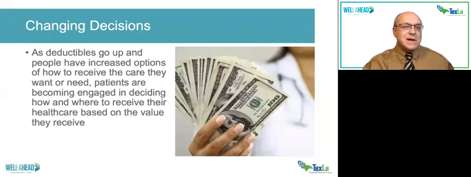So as these deductibles have been going up, people are really having increased options of how they decide to receive their care. And they are more engaged in figuring out how they're going to get that care, and they make decisions based on value, their perceived value of what they're going to get, okay?